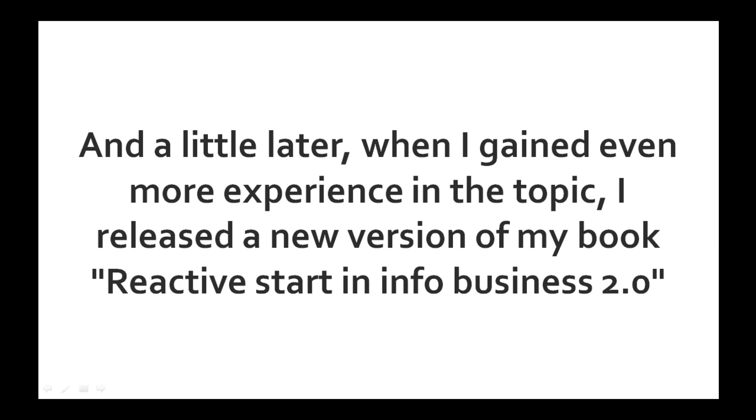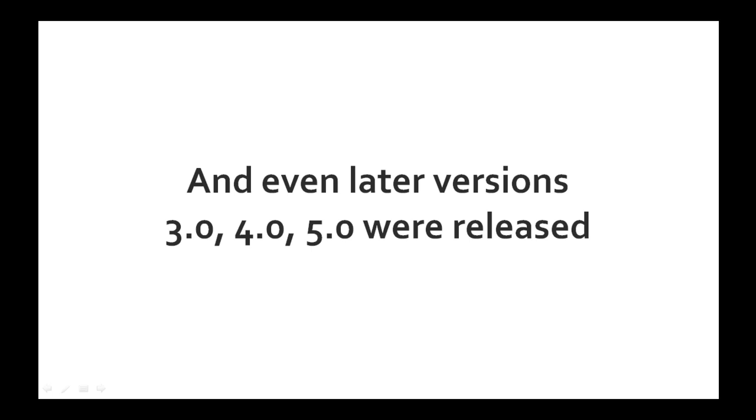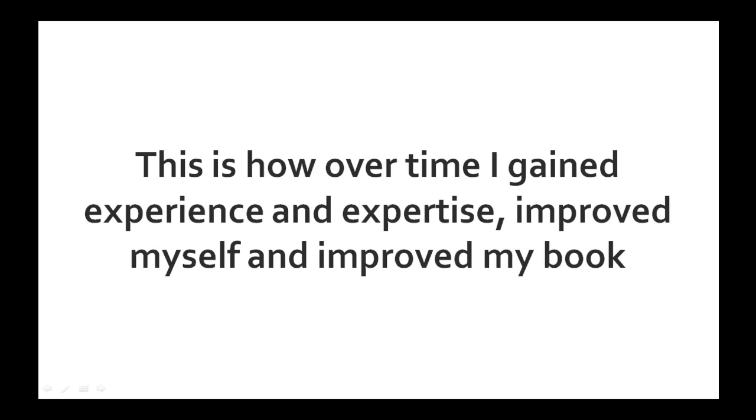And a little later, when I gained even more experience in the topic, I released a new version of my book Reactive Start in Info Business 2.0, and even later versions 3.0, 4.0, 5.0 were released. This is how over time I gained experience and expertise, improved myself and improved my book.